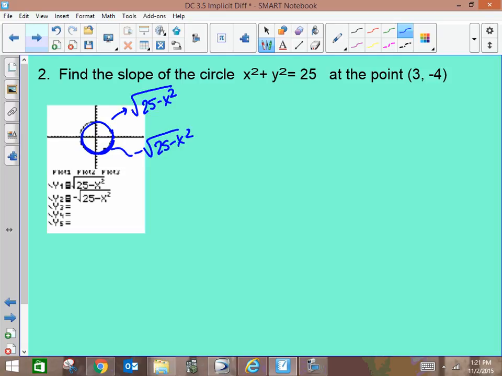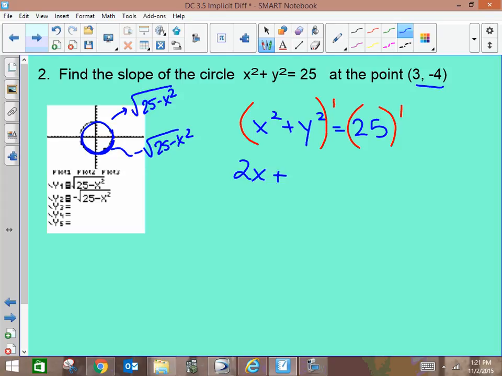Okay, but we can't do 2 different derivatives. We want 1 derivative. So here's what we're going to do. Take the derivative on both sides. Okay, here we go. Derivative, derivative. What's the derivative of x squared? Okay.